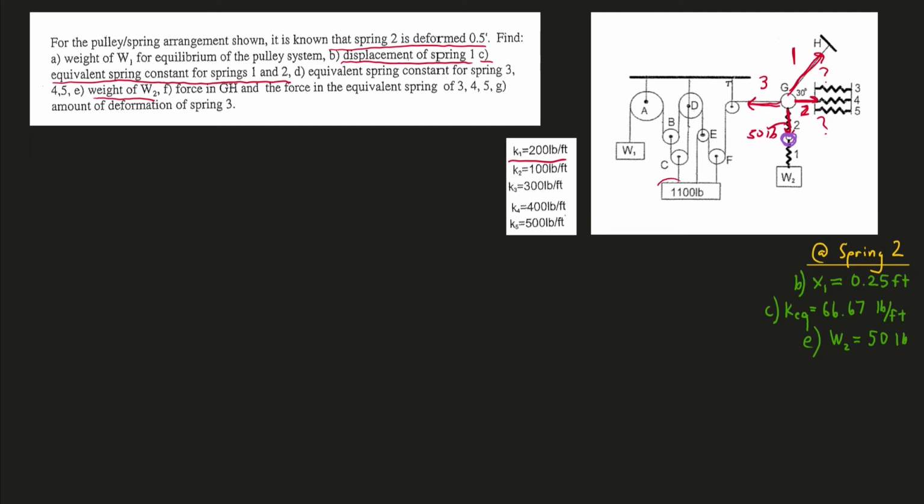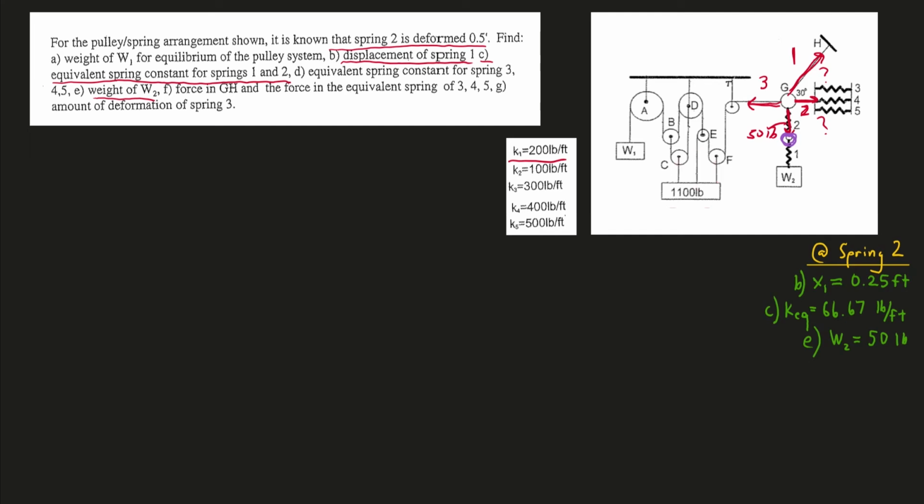Maybe we might try looking at this weight right here. We do know the weight, but we have these 3 different ropes here. And we are only really allowed to have 1 unknown here because we basically only are able to do sum of the forces in the y for this 110 pound mass right here, or weight.